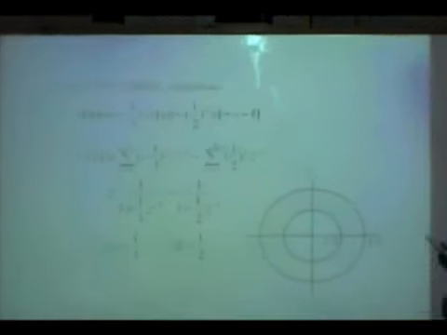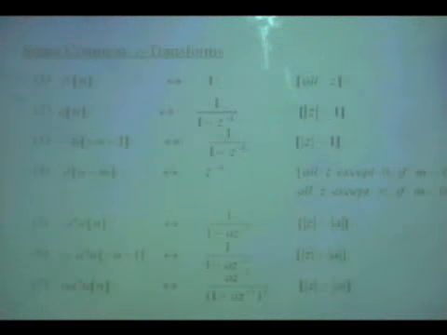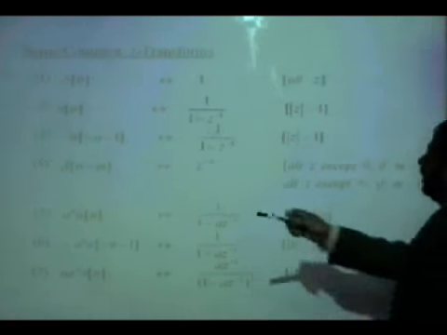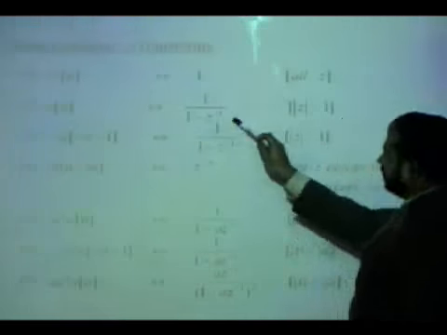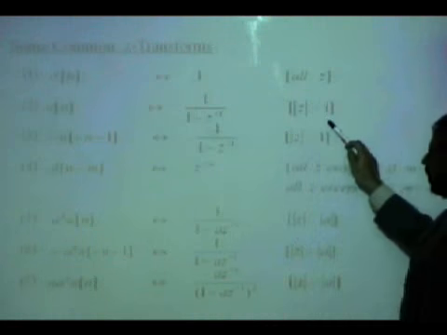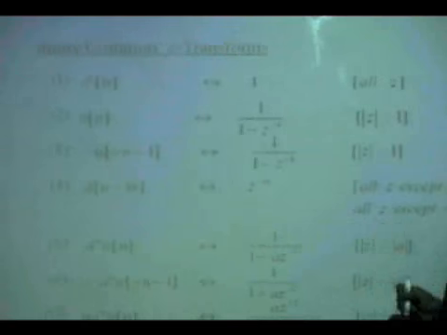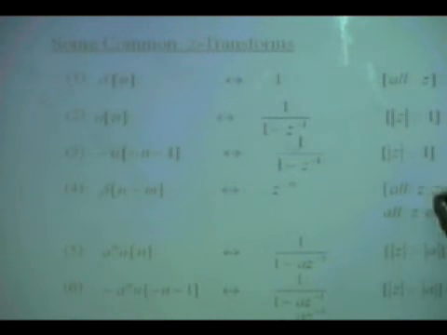Okay, so here is what you started with. These are some common Z transforms. Again, you can put it on your cheat sheet for the exam. Delta of n is 1, u of n is 1 over 1 minus Z inverse. The region of convergence is important. Minus u of minus n minus 1 is the same, but the region of convergence is now less than 1.